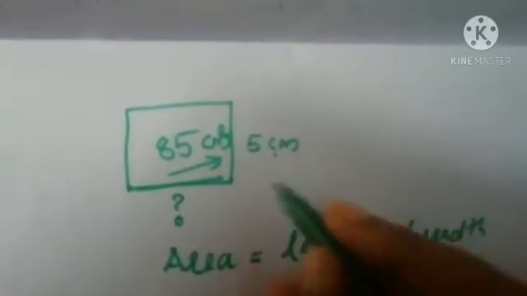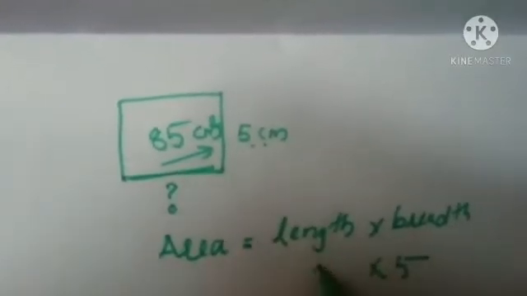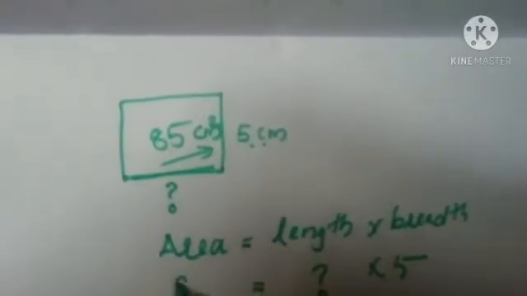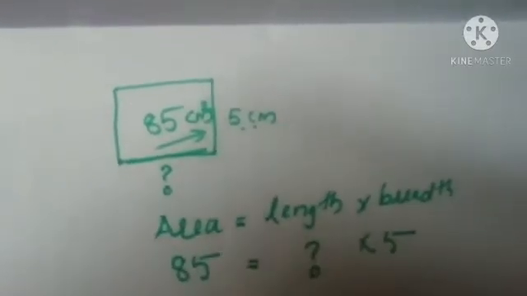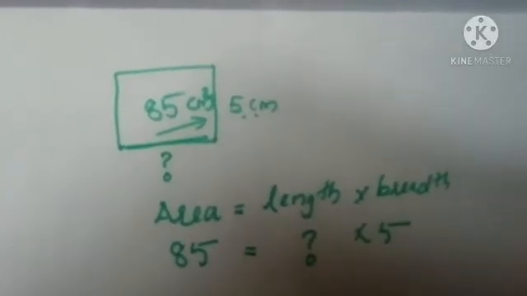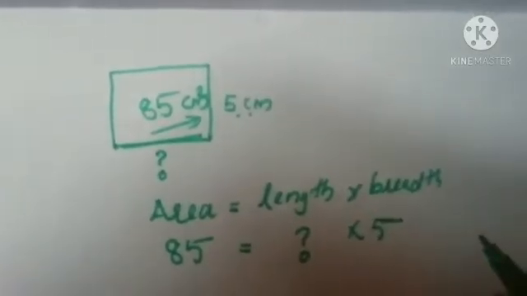Here the breadth is given, and we need to find the length where the area is provided. In this case, we want to divide the area by the other side of the rectangle.